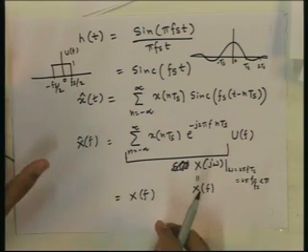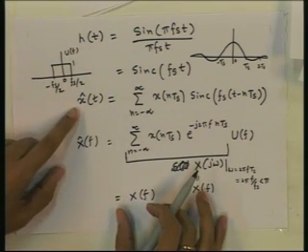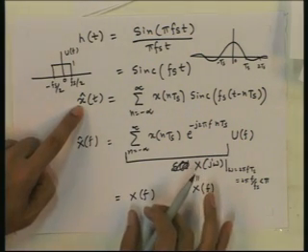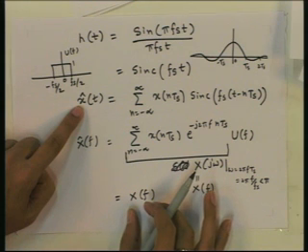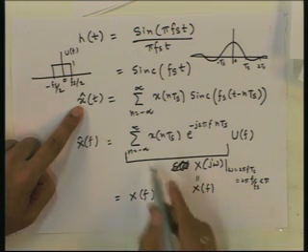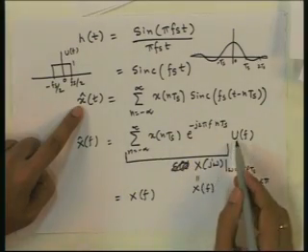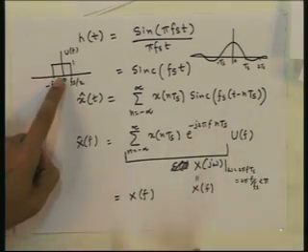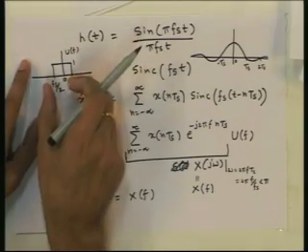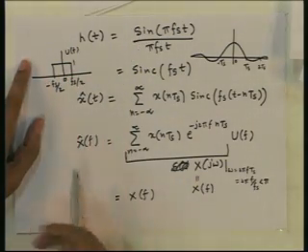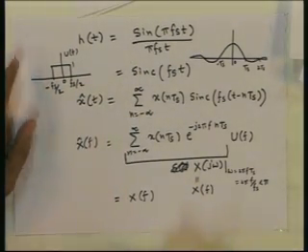That is the idea. What we have got is that the recovered signal has the same spectrum as the original signal. Of course this DTFT has multiple copies, but when you multiply by this, it picks up only the copy centered at 0. So we get the original signal back.